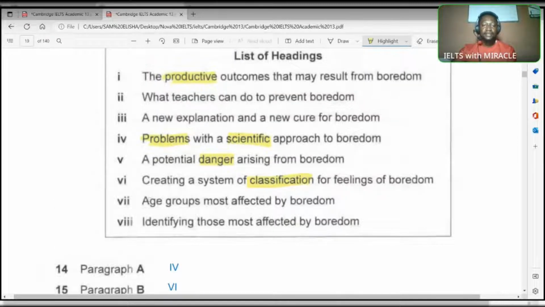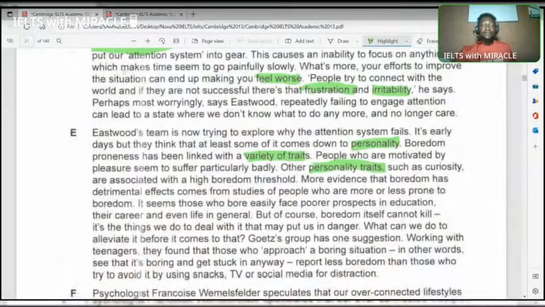Age groups, no. Identifying those, so it's like saying identify people. People affected. So look at it. People who are motivated by pleasure seem to suffer particularly badly. So you see where the answer is. People.